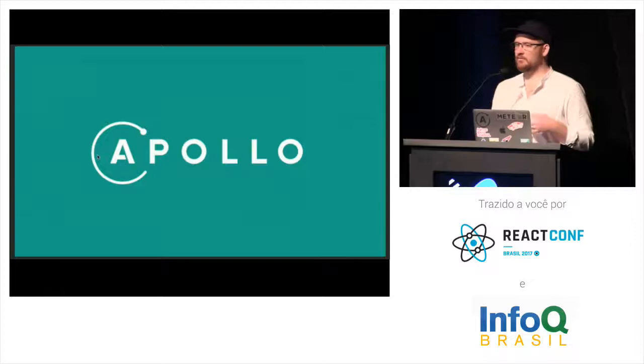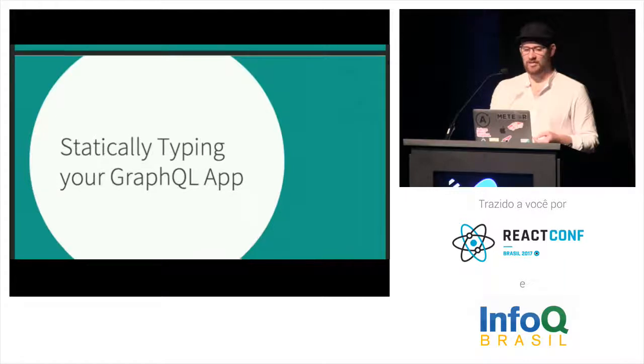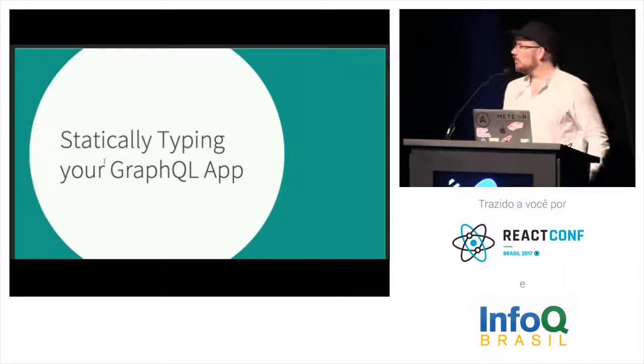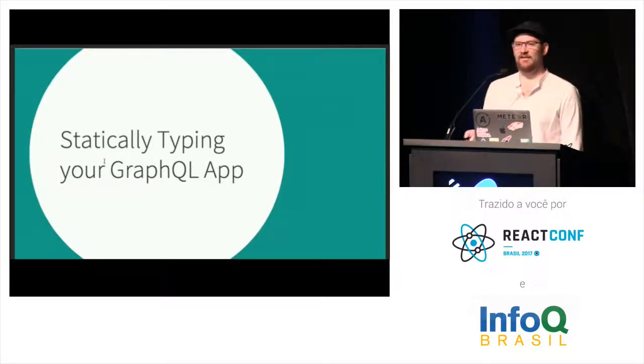We have server libraries, client libraries, dev tools, and a lot of documentation. A lot of our work is trying to make this very approachable and ultimately very, very powerful.